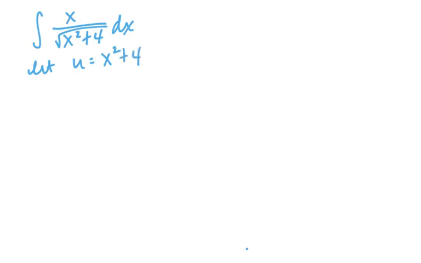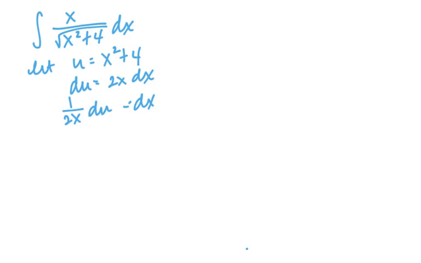So consider the integral of x over the square root of x squared plus 4, dx. Remember we talked about you always try u-sub first. So let's let u equal x squared plus 4, and du is 2x dx. So dx is 1 over 2x du. In this case, u-sub is going to work.